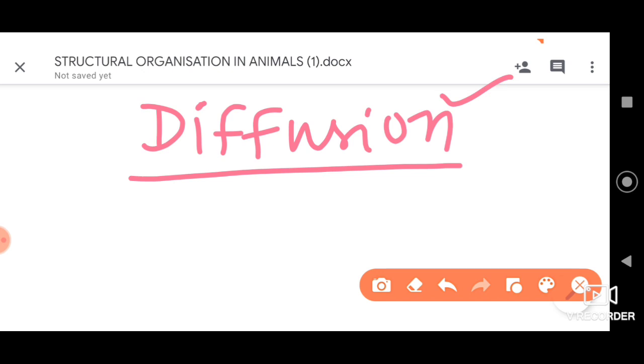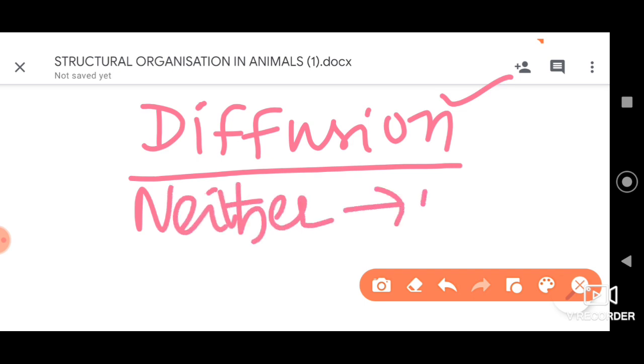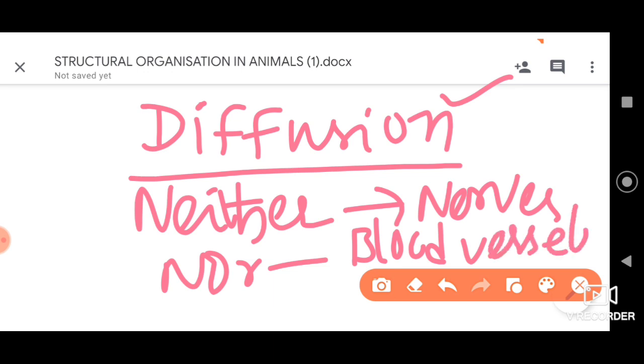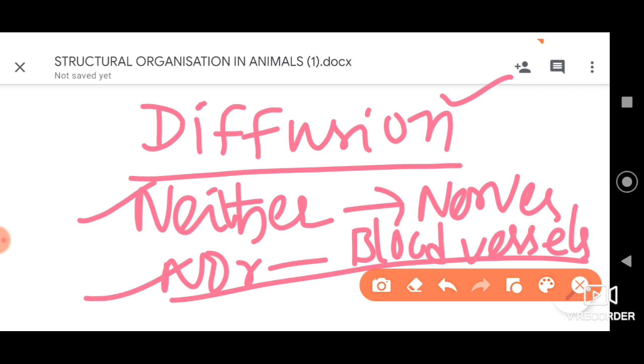All right, this cartilage doesn't have nerves, nor blood vessels. Both are generally absent with respect to the cartilage. First, the cartilage cells get nutrition from diffusion. Second, they do not possess nerves or blood vessels.